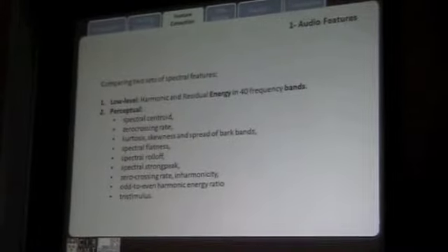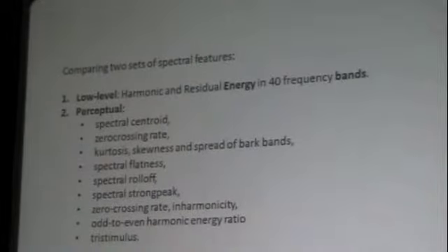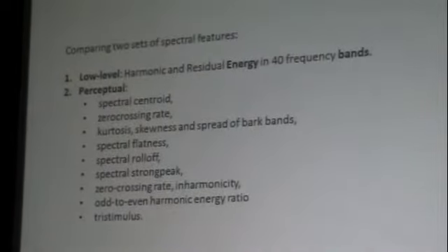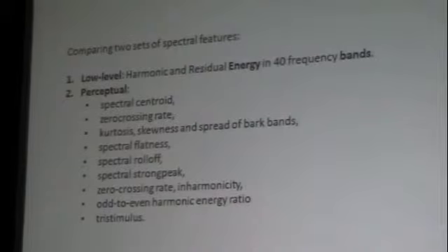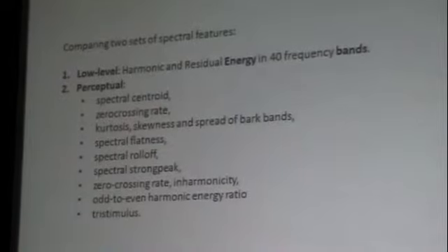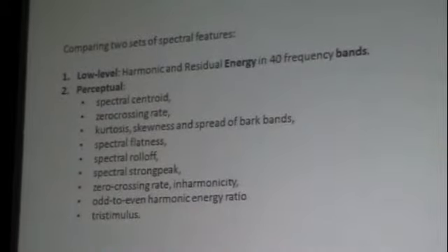We're going to extract features for the audio and features for the gestures. Regarding the audio features, we're comparing two sets. The first one, I call it low level, and it's basically the energy and frequency bands. And there is a second set, which I call perceptual, and it's widely used descriptors in audio analysis.